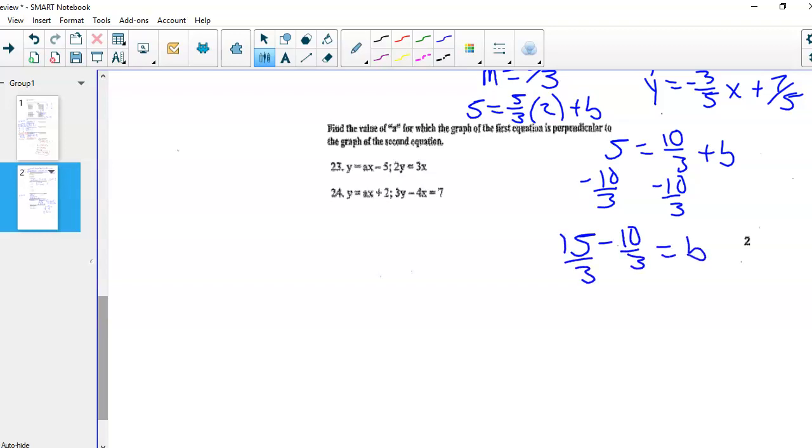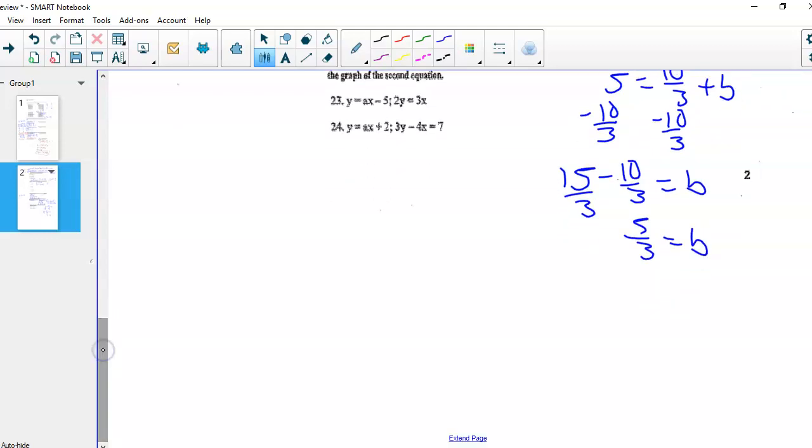So what is b? 5/3. What is our equation? y equals negative 3x plus, what is it, 5?